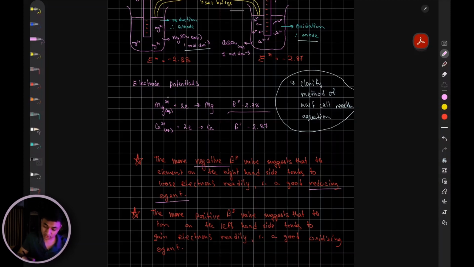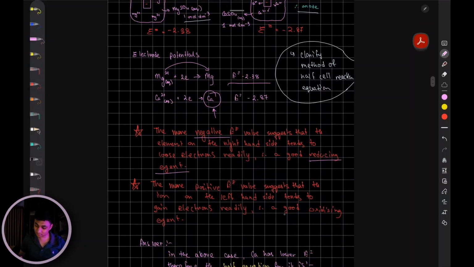So, if it is going to gain the electrons, it is going to be reduced. Since it is taking away the electrons, it has to take the electrons away from another species. Therefore, this species or atom is going to be oxidized. Hence, a good oxidizing agent, right?